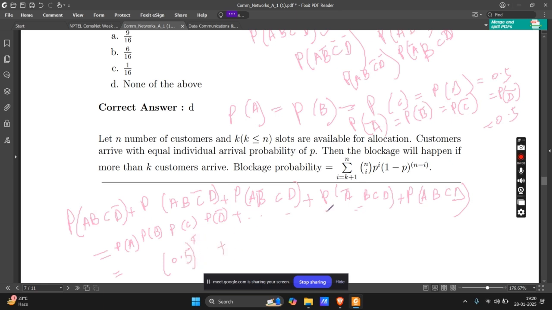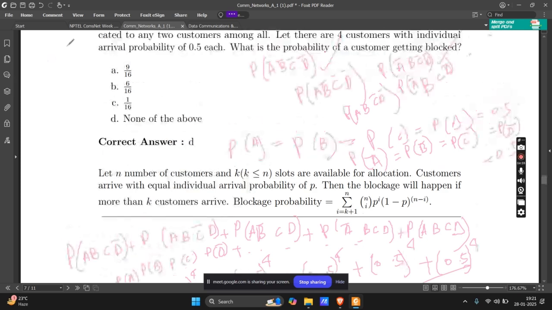This will also have four 0.5s because ultimately all probability values are the same, 0.5. Like that there will be 5 such probabilities of 0.5 to the power 4. So 0.5 to the power 4 means half to the power 4, or 1 by 16. There are 5 such 1 by 16s. So the answer is 5 by 16. And since 5 over 16 is not one of the options, the correct option is D.